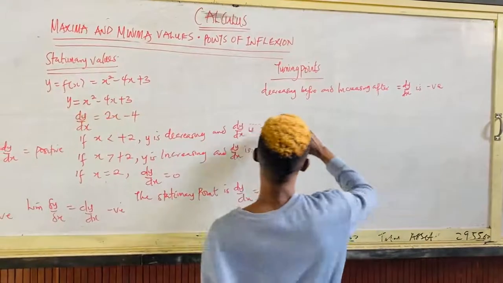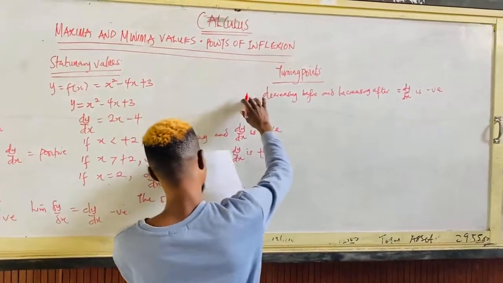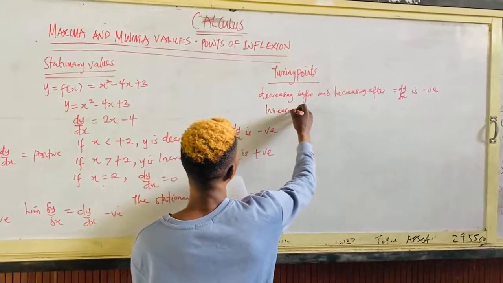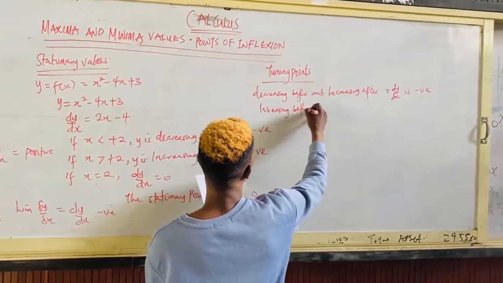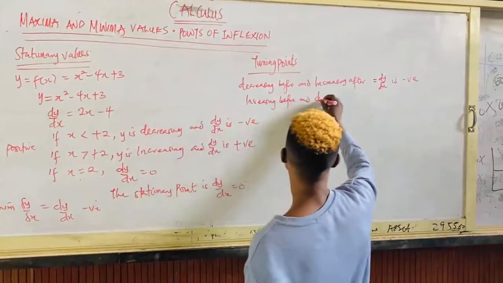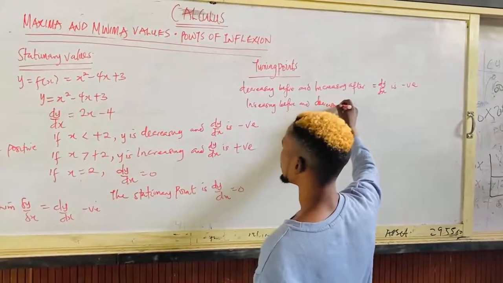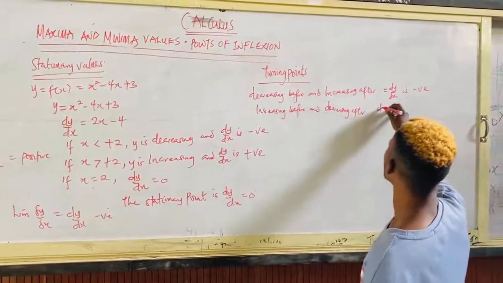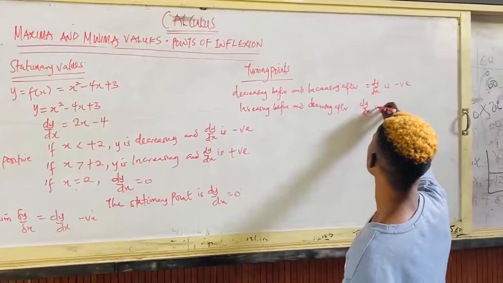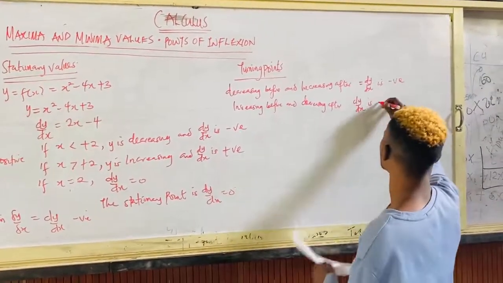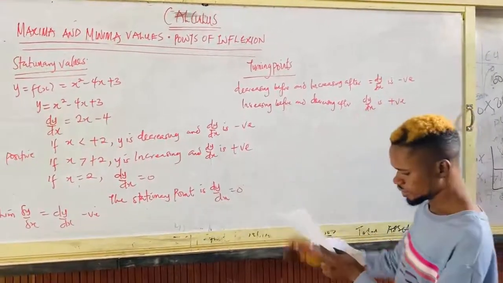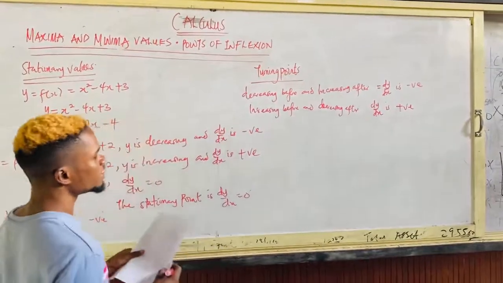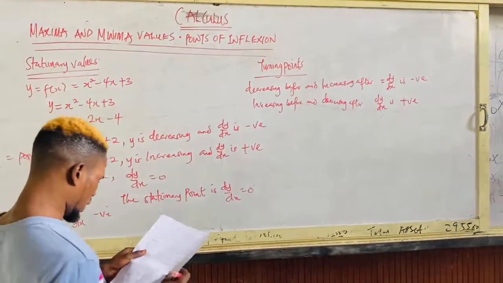But if the value is increasing before and decreasing after, then we can say that our dy dx is positive, because it is increasing before and decreasing after.